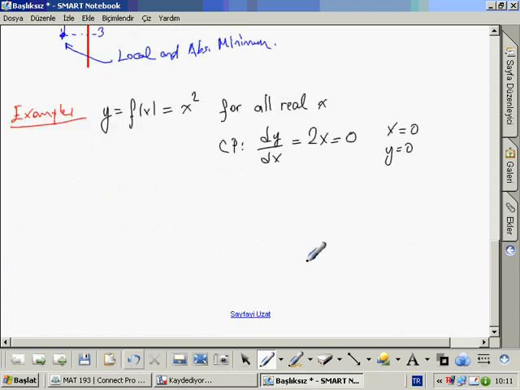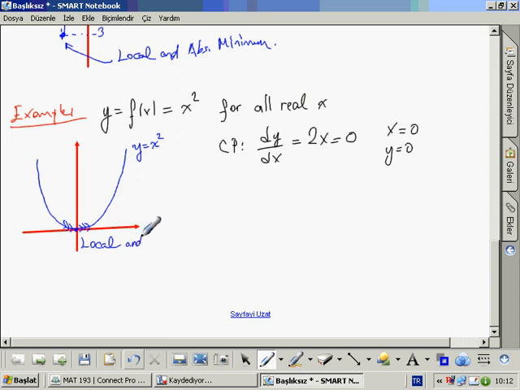This point is a critical point, and we know that x squared, this point is the local and absolute minimum.